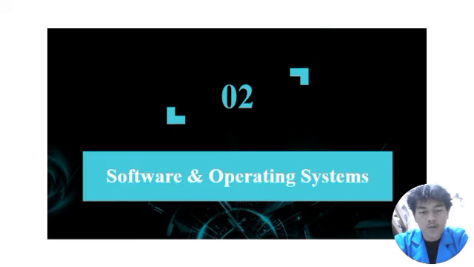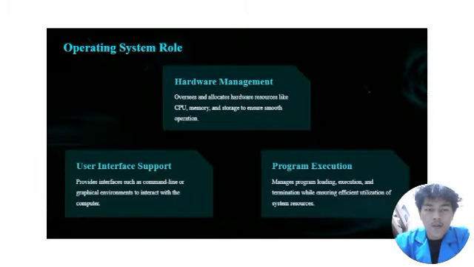Number two, material of software and operating system. Operating system roles. Hardware management, overseeing and allocating hardware resources like CPU, memory, and storage to ensure smooth operation.